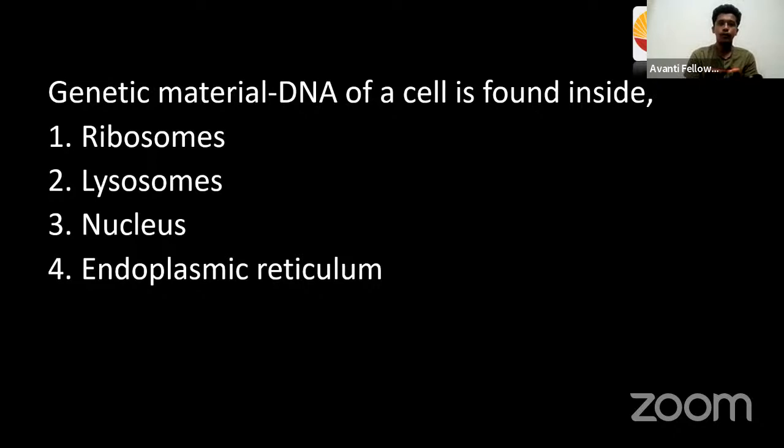So first, before we start the basics and introduction to molecular basis of inheritance, let us solve some questions. The first question is: genetic material, DNA of a cell, is found inside. The options are ribosomes, lysosomes, nucleus, and endoplasmic reticulum.